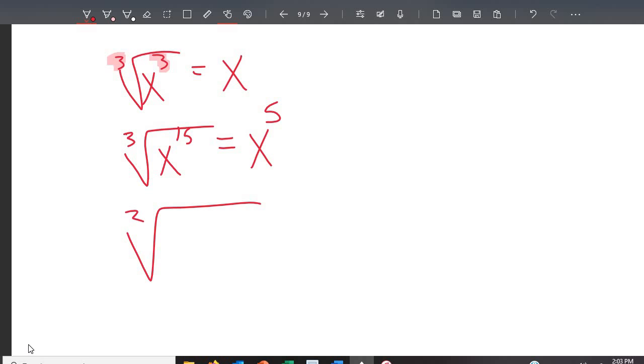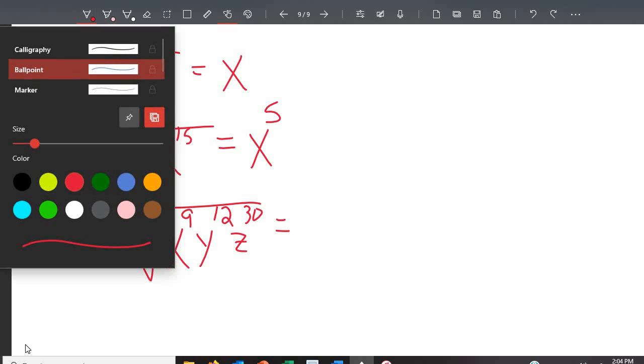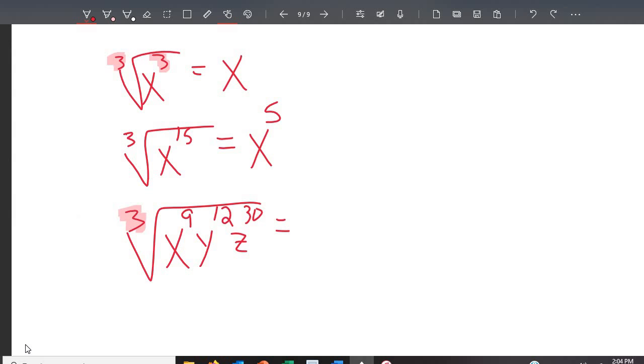If I had 3 variables, say x to the 9th, y to the 12th, z to the 30th, we divide all the exponents by 3. So we'll get x cubed, y to the 4th, z to the 10th. So whatever exponent is underneath, you divide it by whatever the index is.